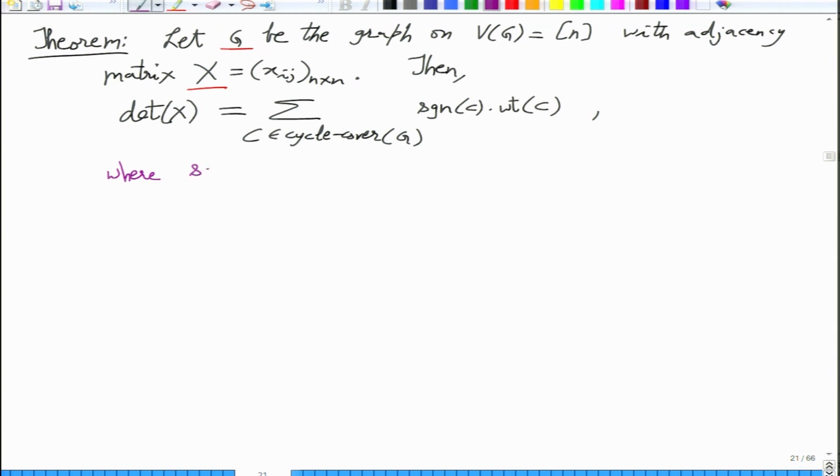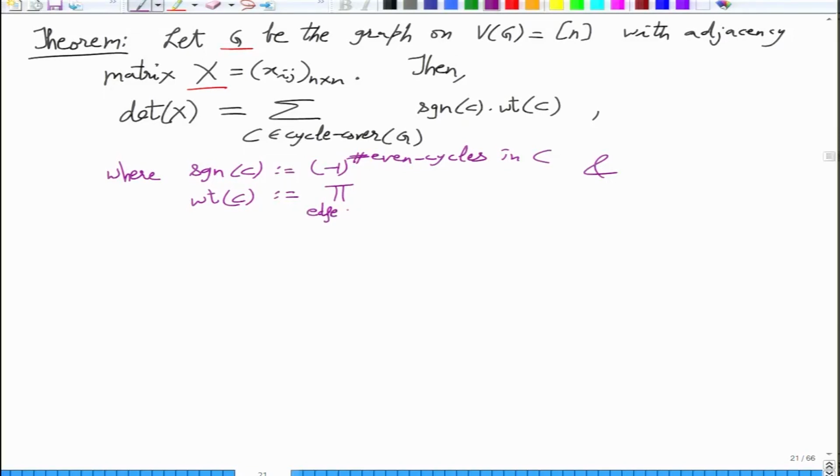Where the sign of C is defined as before, and the weight of C is just the, what is the weight of a cycle cover? What is the weight of a cycle first? Product of all.